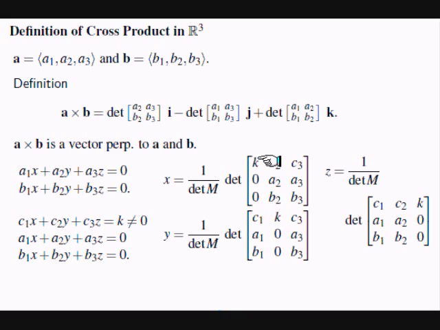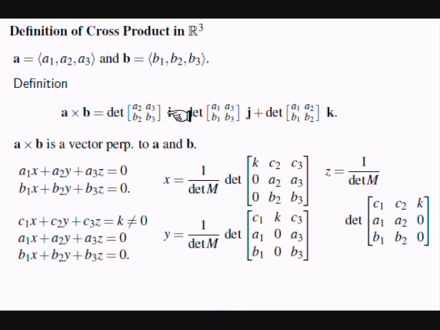Because the first column has 0, 0, all the other terms in the cofactor expansion turn out to be 0. So it has a factor of k out there, divided by the determinant of M, times the determinant of this 2 by 2 matrix that happens to appear in our formula of the cross product.